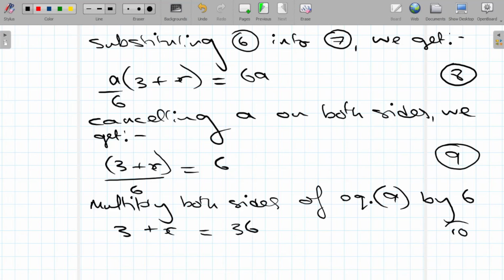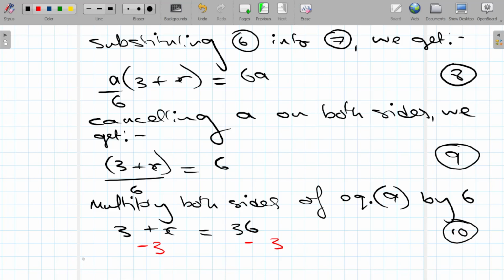So that's equation 10. Now it's quite simple because you just subtract 3 from both sides of this equation. So 3 minus 3 there, minus 3 gives, let's go back to black.